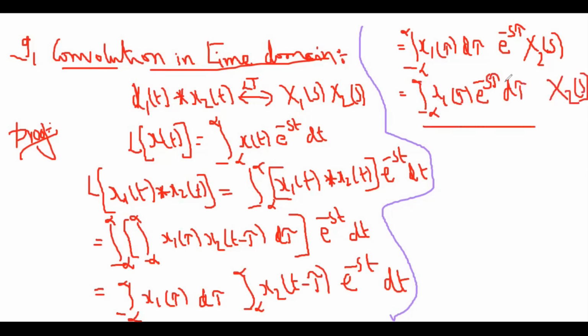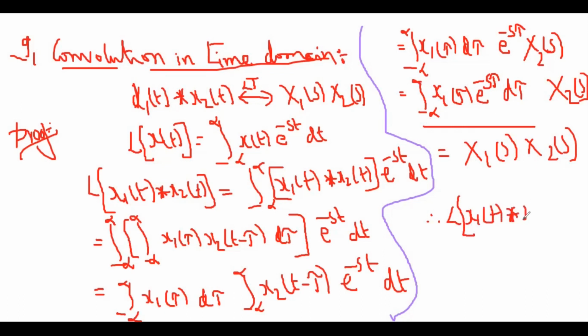Now see, this is also one of the definitions of the Laplace transformation, but the signal is x1 with respect to tau. That is equal to x1 of s into x2 of s. Therefore, the Laplace transformation of x1 of t convolved with x2 of t is equal to x1 of s into x2 of s.